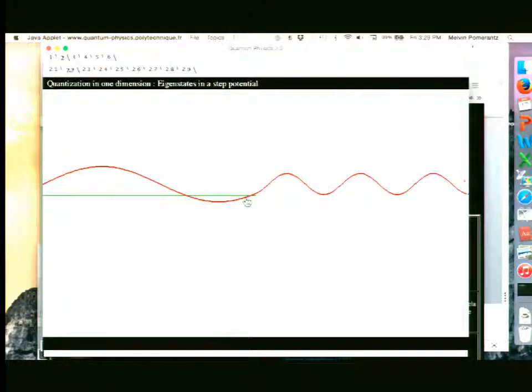So if I give it a certain amount of kinetic energy, it rides up until the potential energy is equal to the total energy. The kinetic energy at this point would be zero if I only gave it this much kinetic energy.